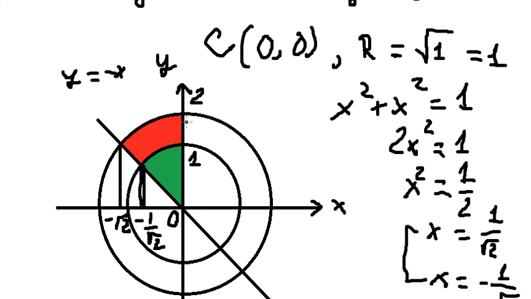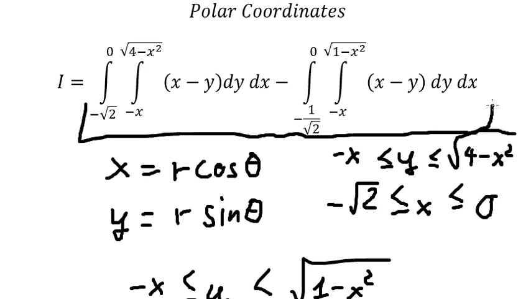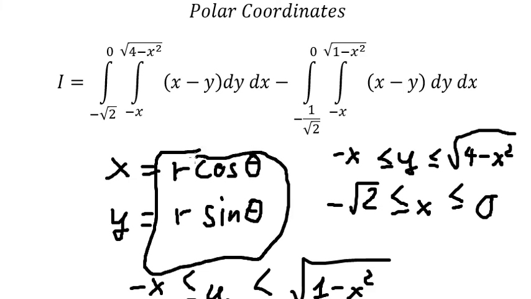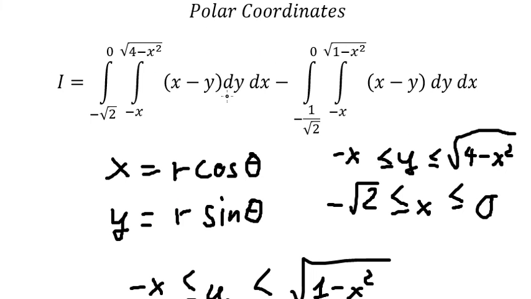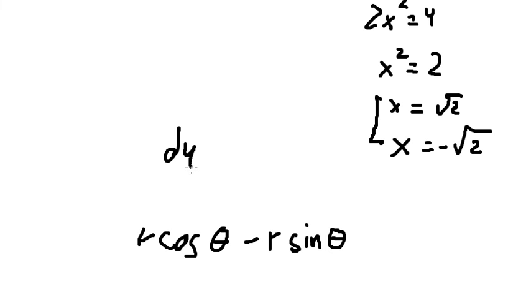So in this situation, we can put two double integrals into one. The first thing, we change x and y into this. And the next one, dy dx, we can transform into r dr d theta.